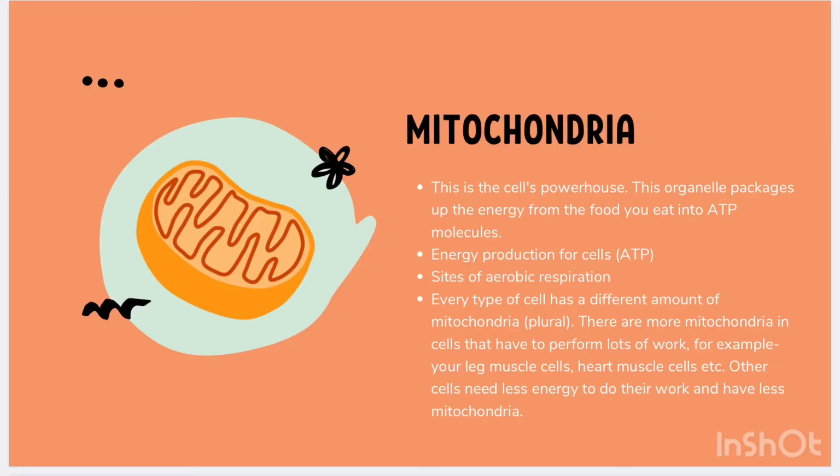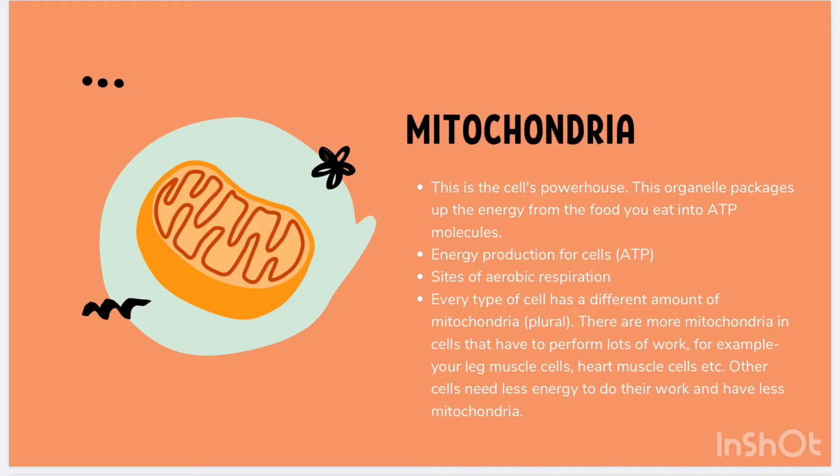Next is everyone's unforgettable organelle, which is the mitochondria. Everywhere we go, when we are asked what is mitochondria, we can answer right away that it is the powerhouse of the cell. It is called the powerhouse of the cell because it is where energy is produced. It is also a site for aerobic respiration.